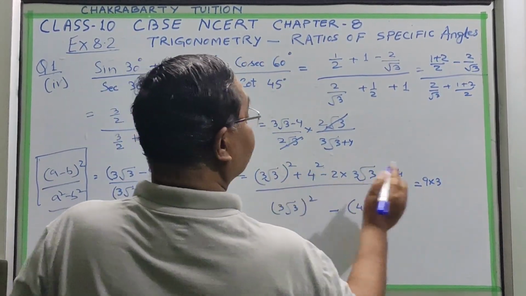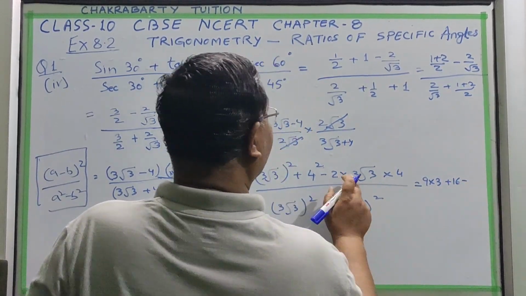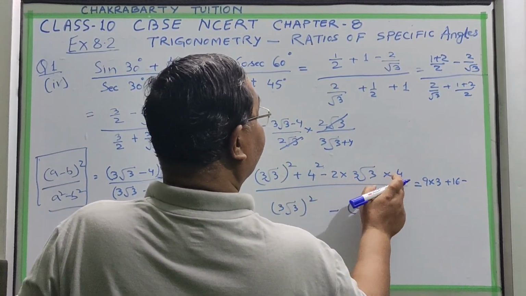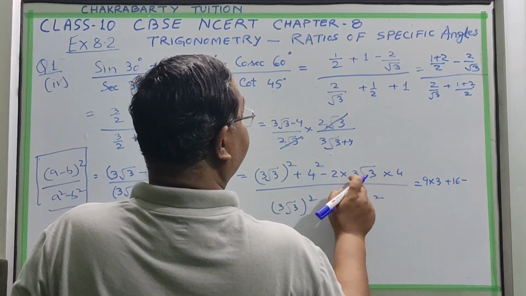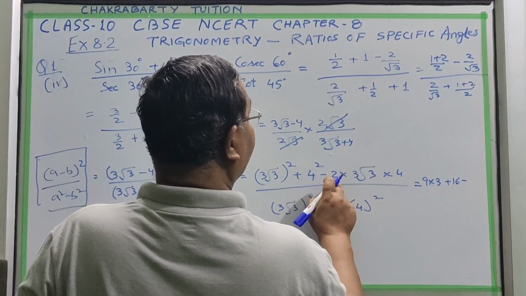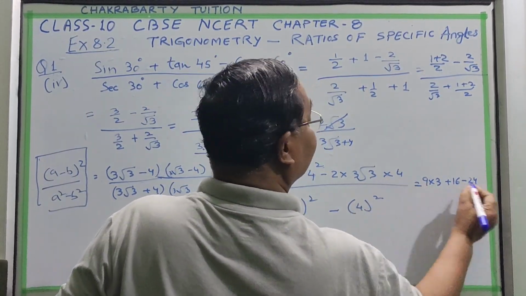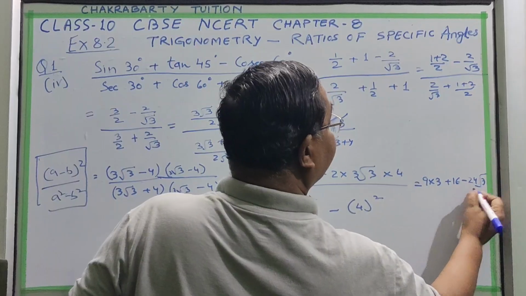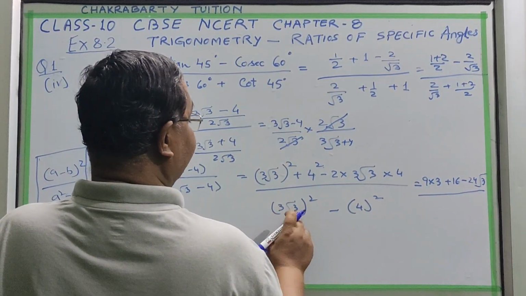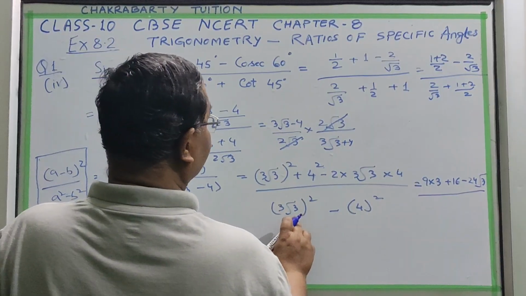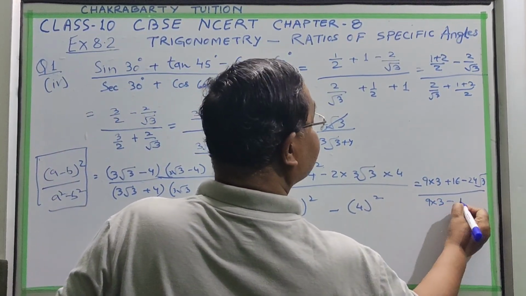This will become plus 16 and minus 24 under root 3. 4, 3, 2 are whole numbers, so whole numbers will multiply: 4 times 3 is 12, 12 times 2 is 24, and under root 3 will remain like this. And here 3 threes are 9 and it will become 3, so 9 into 3, minus 16.